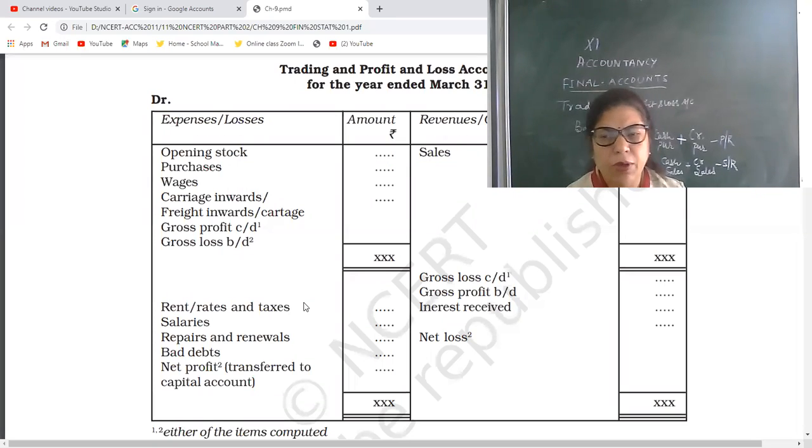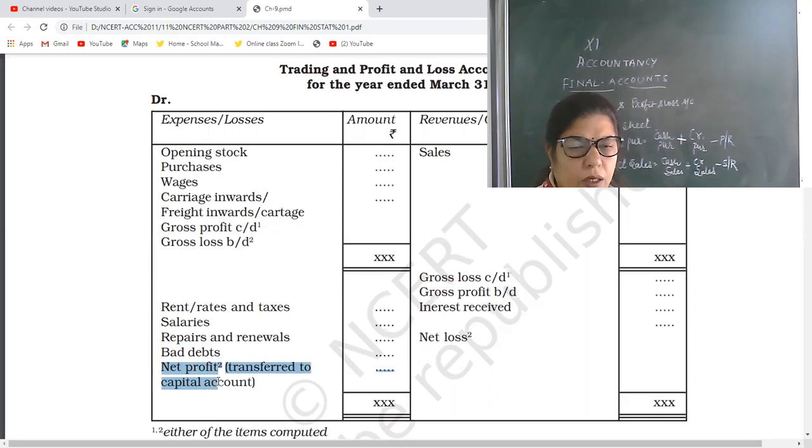Bad debts means the amount which is irrecoverable. Postage, stationery, rent, interest, discount, and here this side all the items received: rent received, discount received, commission received. Then net profit. If the amount remains this side, that is termed as net profit, and if the amount remains at this side, that is termed as net loss.